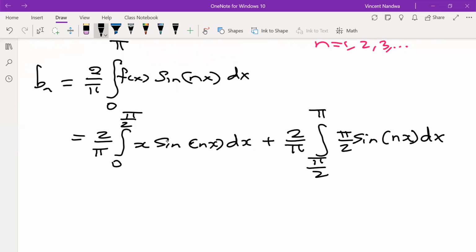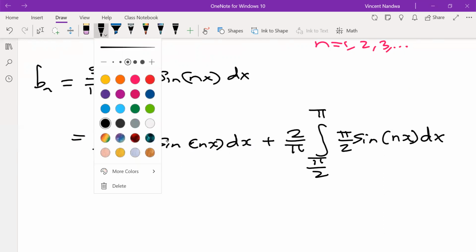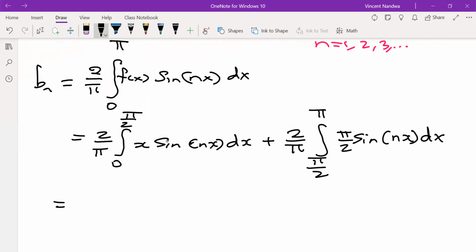Now, for the first part of the definition, we use integration by parts. So Bn will be 2 over pi.